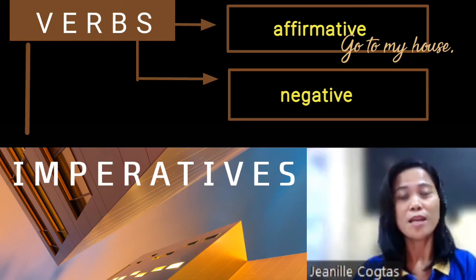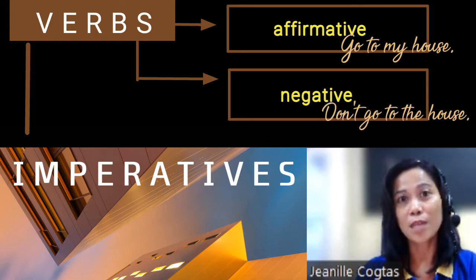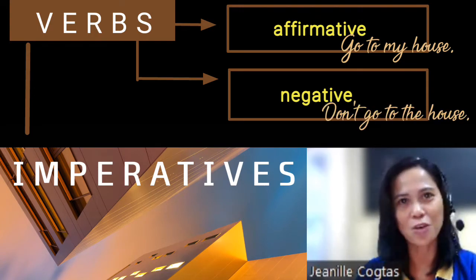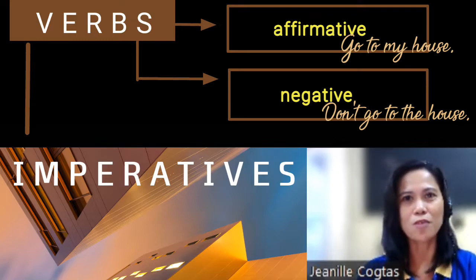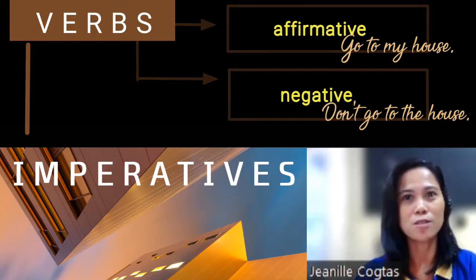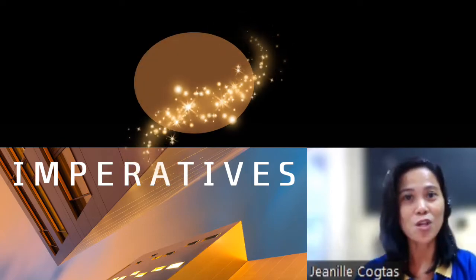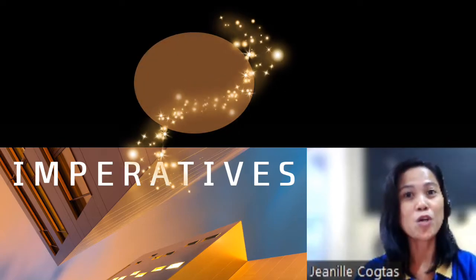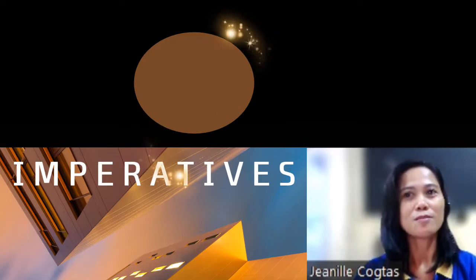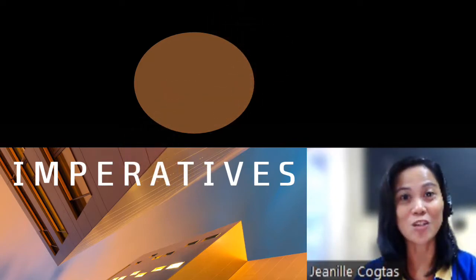But when we say negative, you can just say, don't go to the house, or don't ever go to the house. I put an ever because I want to put an emphasis on the doing. There is a time expression that would tell me I should not be there. So there is the not and the ever that goes with whether or not it should be done, or whether we take this lightly or not.